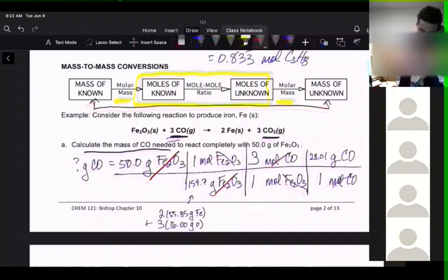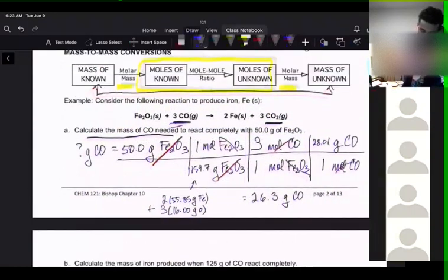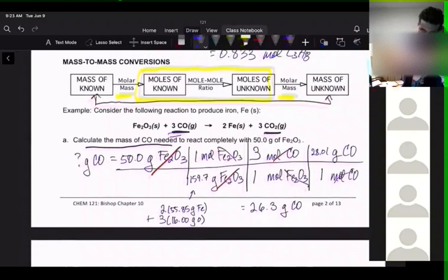So that's how I know I'm done. So I can just multiply and divide these all together. So you can see we went from mass to moles, just looking at the numerator, then moles of iron(III) oxide to moles of CO, and then from moles of CO to grams of CO.